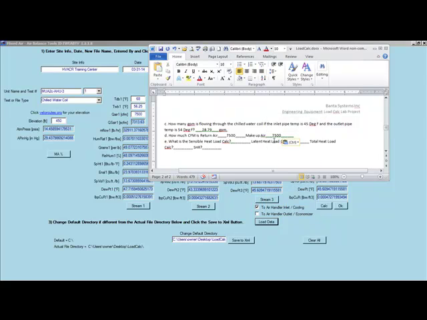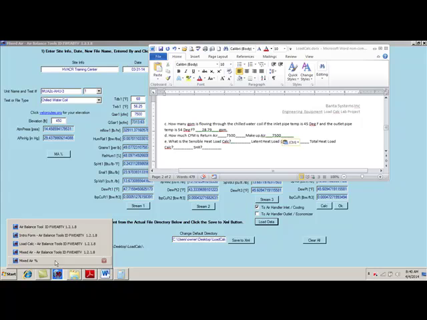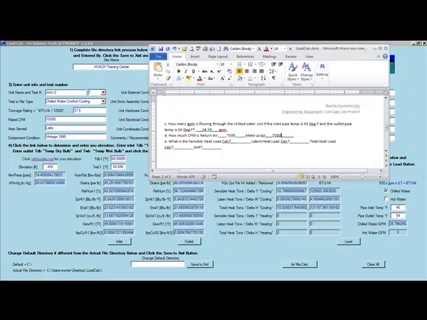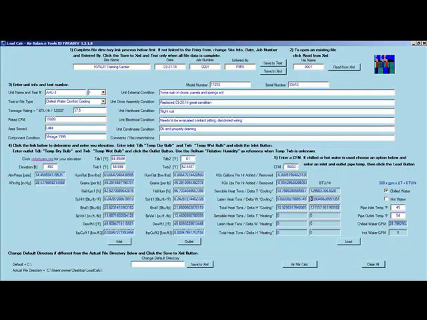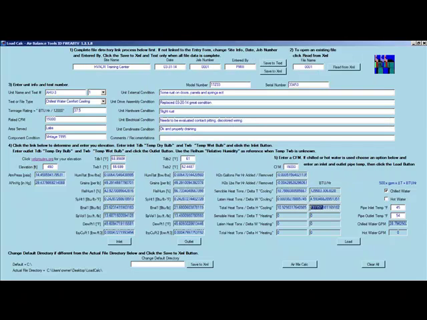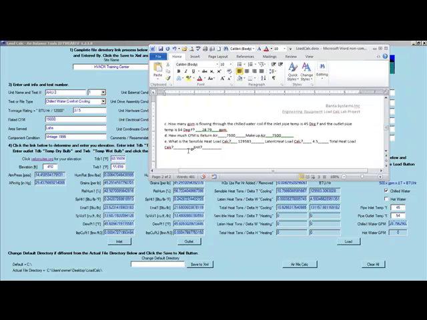What is a sensible heat load, latent heat load, total heat load? Okay, so let's go back to there. Get all that information. And we'll just keep these rounded off, that'll be better.